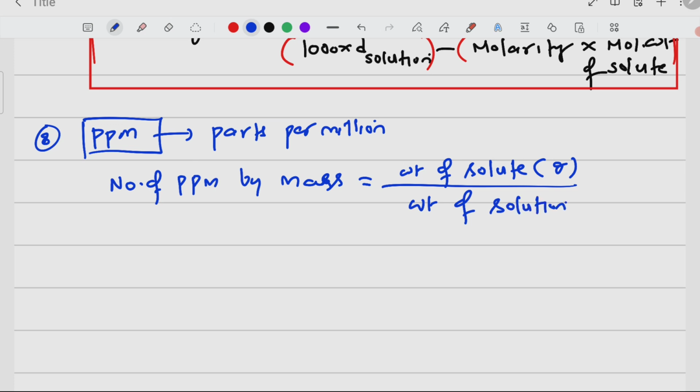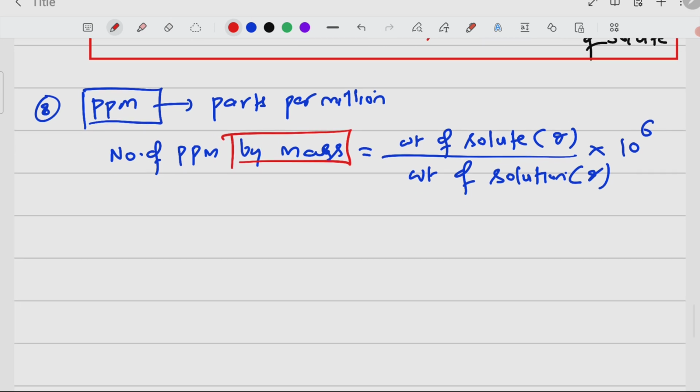See, ppm we use only for very dilute solutions, into parts per million, so 1 million we are using. Remember, it is by mass. In terms of mass we expressed.